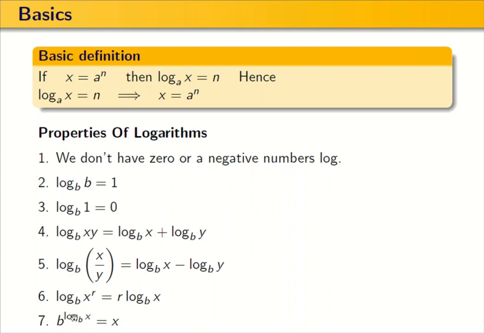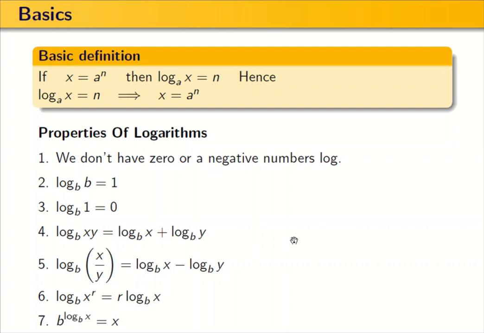If I have b to the power logarithm of x base b, then this is equal to x, because the number b here is the same as the base of the logarithm in the power. So all these properties, write them down, or you can copy them, or you can get them in your mind as we work through the examples.